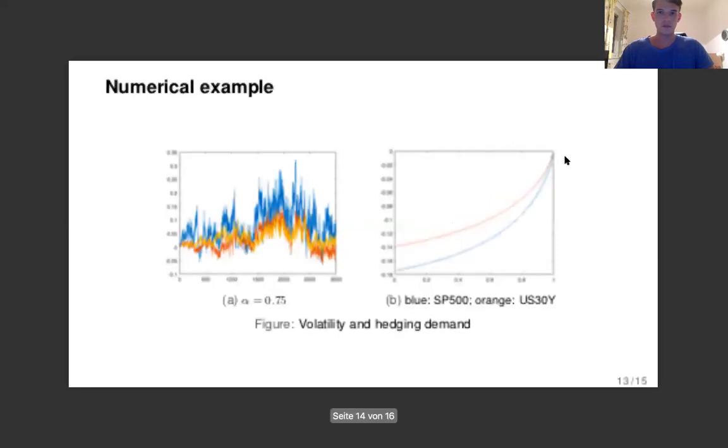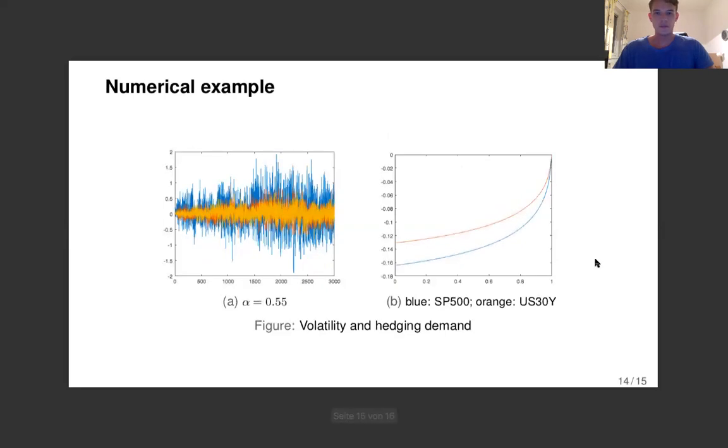For higher roughness, namely alpha equals 0.75, the paths, as we see, exhibit quite rough behavior. And compared to the first case, the curves of the hedging demands become flatter in the beginning of our time horizon and steeper when they reach the end of the time horizon, so towards 1.